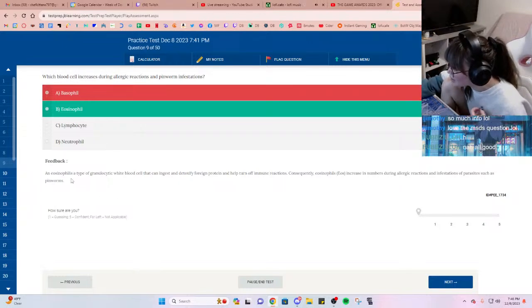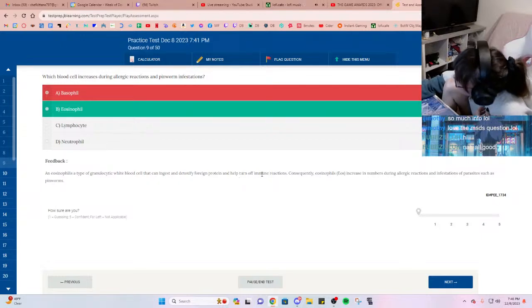An eosinophil is a type of granulocytic white blood cell that can ingest and detoxify foreign protein and help turn off immune reactions. Consequently, eosinophils increase in numbers during allergic reactions and infestations of parasites such as pinworms. Okay. Eosinophils, allergic reactions, and pinworms.